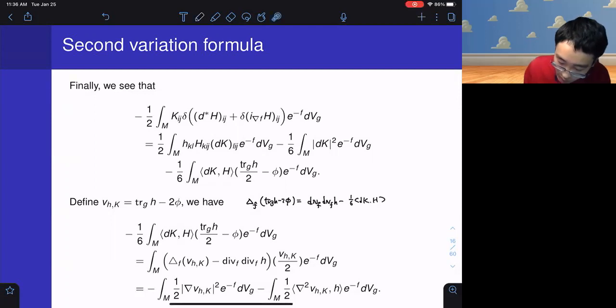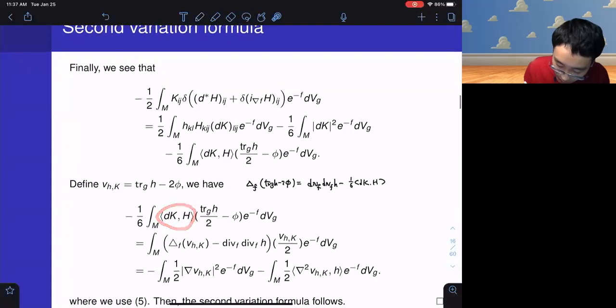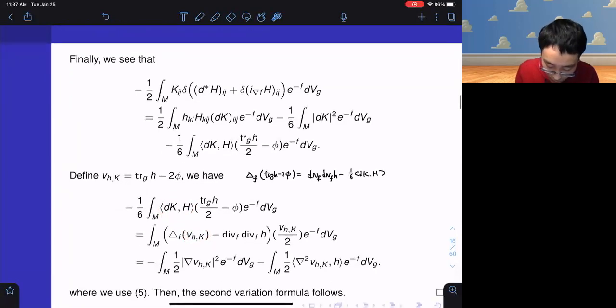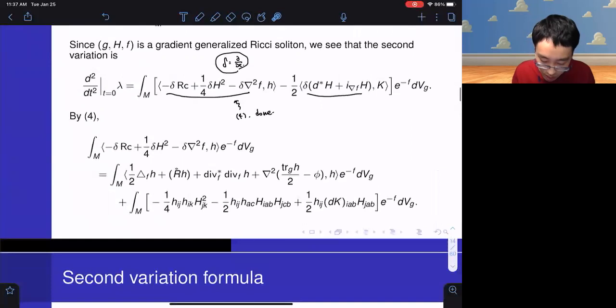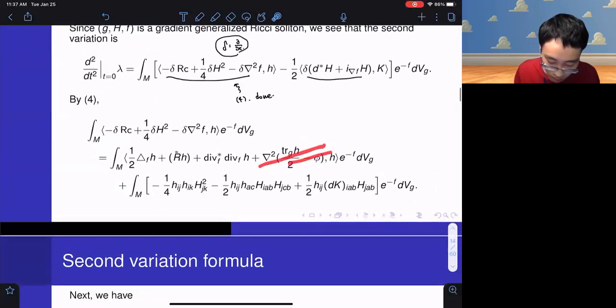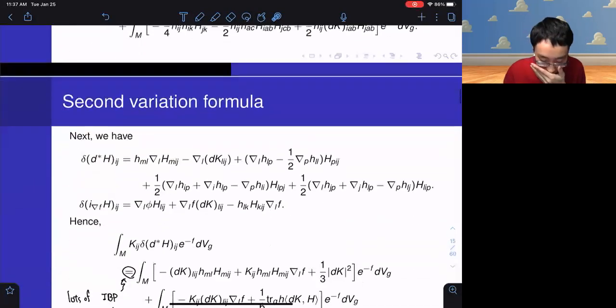So we can rewrite DKH in terms of VHK. This will leave us with minus half of gradient VHK squared and minus half of Hessian VHK with H extension f dVg, and this term can be cancelled out with this one. So we derive our second variation formula.